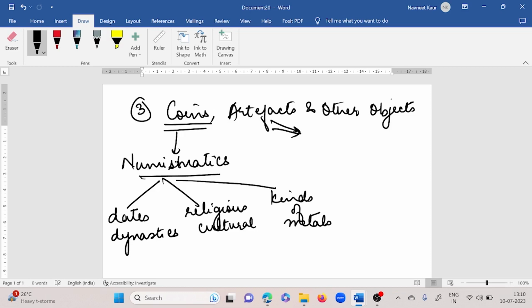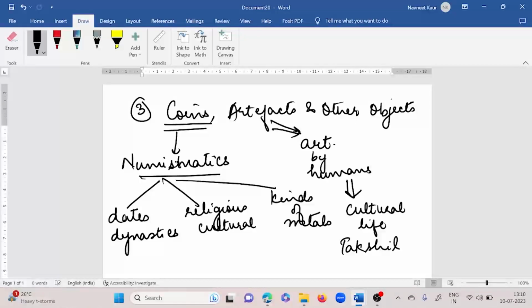Now then we started about the artifacts. Artifact means works of art made by humans such as pottery, statues, tools, and ornaments. So, what do they tell us? They give us a lot of information about the cultural life of people in the past, and specimens of sculpture have been found where?